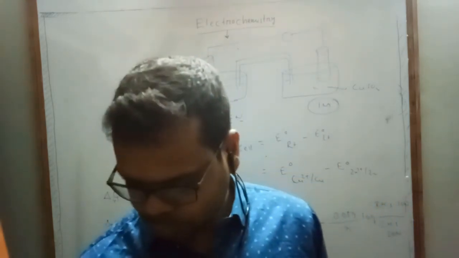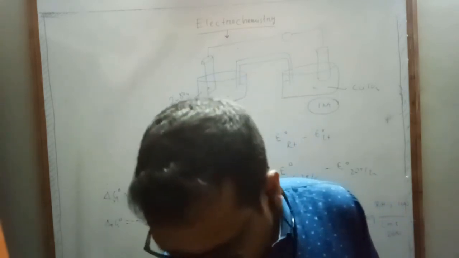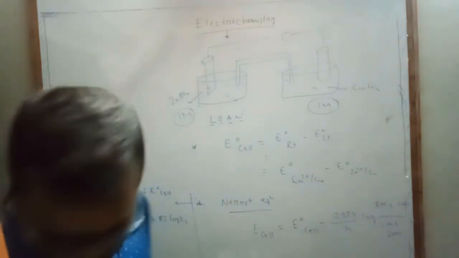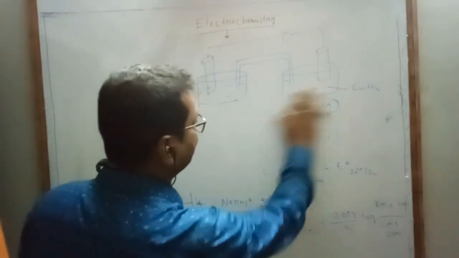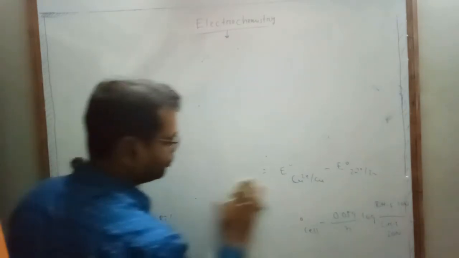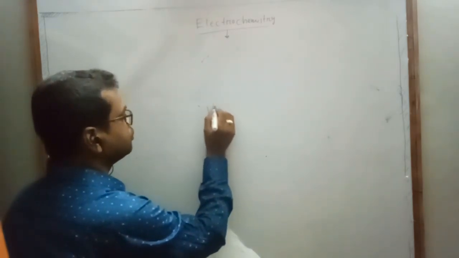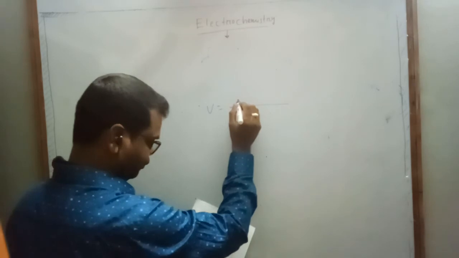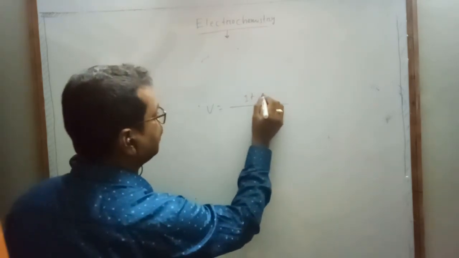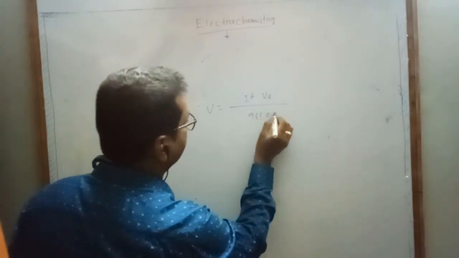From Faraday's first law, what we have learned is that Faraday's first law can be used for gaseous products. So Faraday's first law can be used: V equal to I T into VE by 96500.